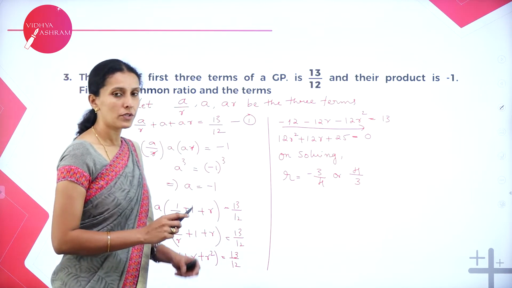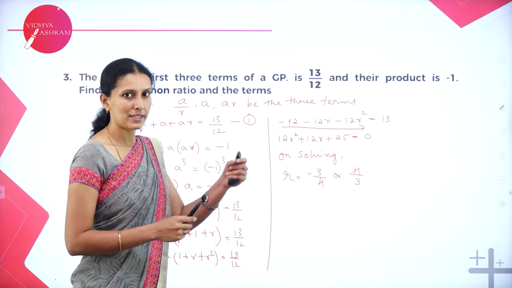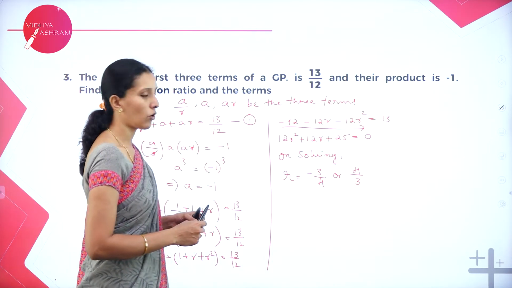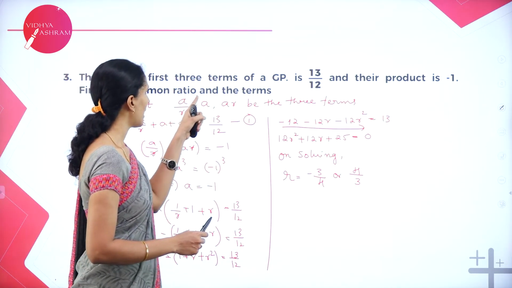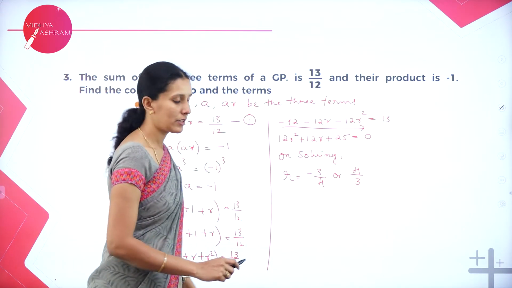So on solving using the quadratic equation and applying this as A, B, C values, we will get the value of R as minus 3 by 4 or 4 by 3. Now we have got the terms as A by R, A and AR. Suppose R is equal to minus 3 by 4.